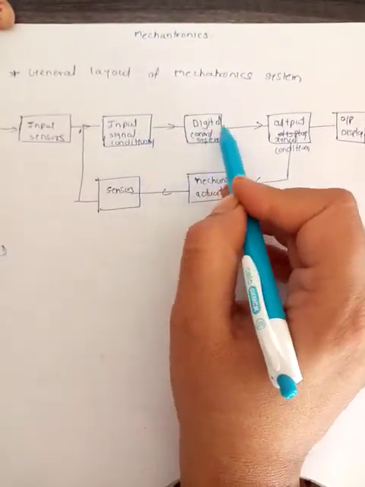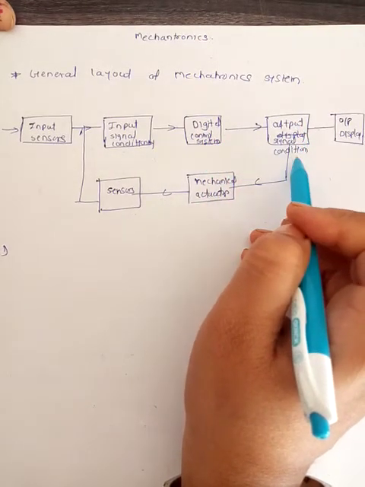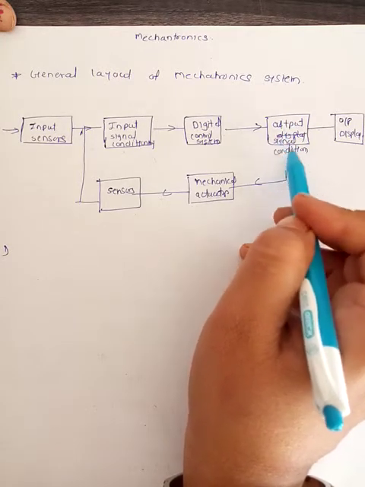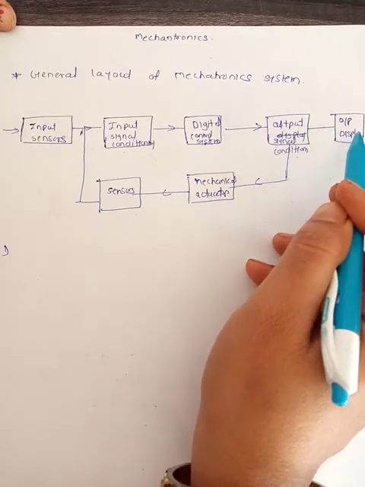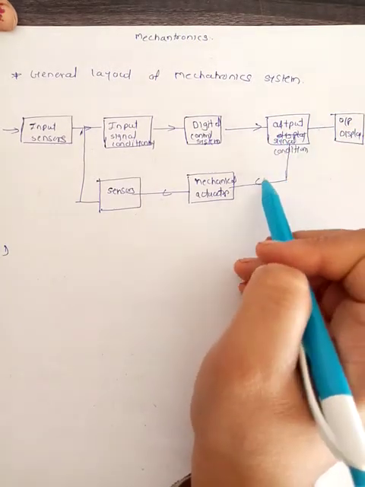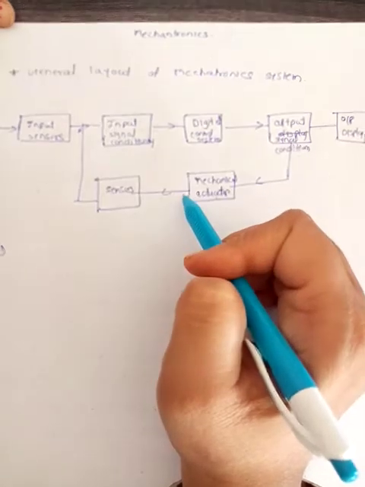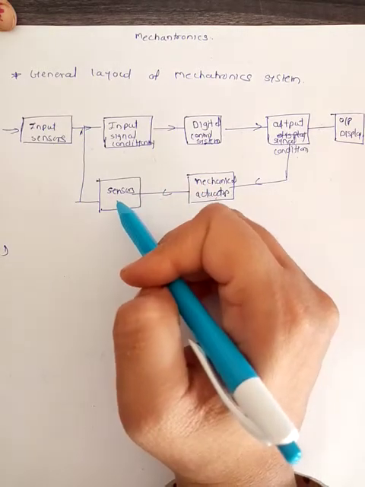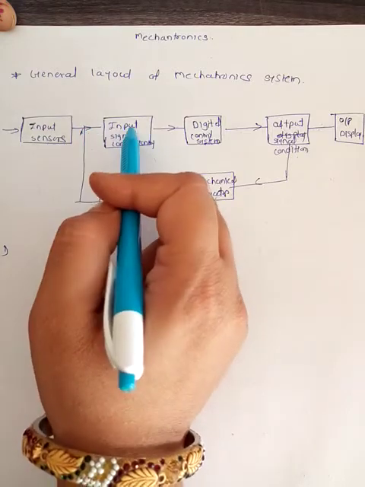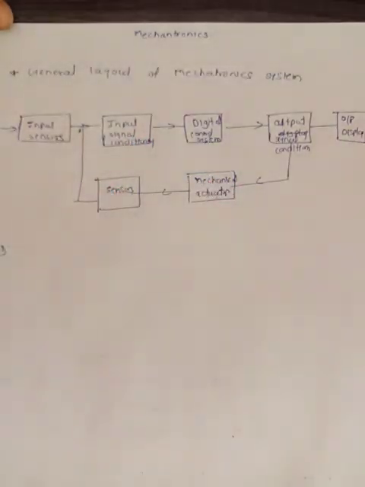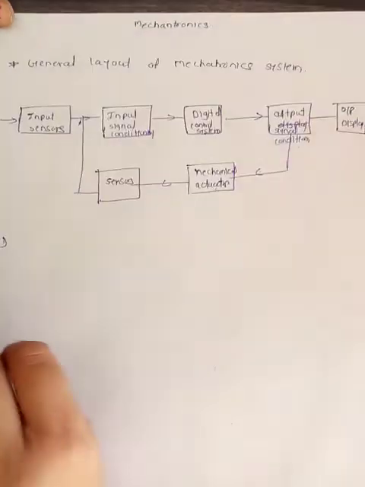Then it is passed to the output signal conditioning, and we have the output display. Some part of the output signal conditioning is passed to the mechanical actuator, and then to the sensor, and the sensor again passes to the input signal conditioning and input sensor. This is the figure of the general layout of mechatronics.